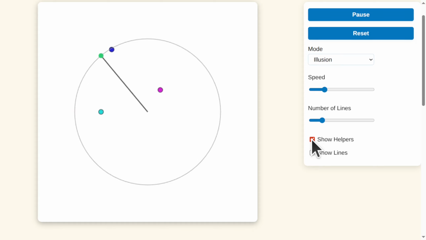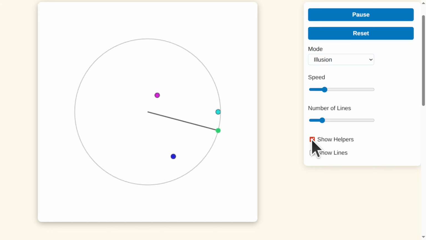No, but can you actually look at the video again and tell me what the show helper green line is actually doing, what it is meant to represent, and how it changes your perception of the motion of the three dots on the canvas? The helper line connects the green dot on the circle's circumference to the purple dot.